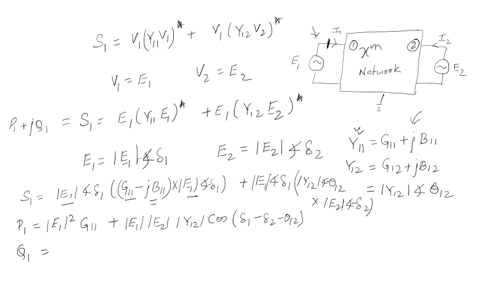Here you have jB11, right, so the minus sign comes here, so I will write mod E1 square B11, okay, plus, this comes from this bracket, and the next comes from E1 E2 Y12 sin of delta 1 minus delta 2 minus theta 12.